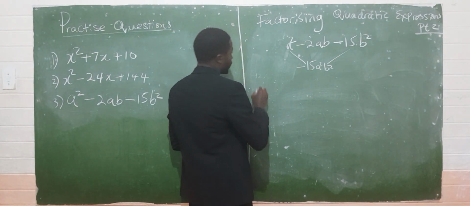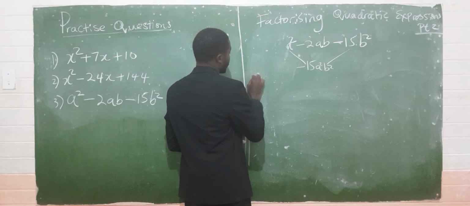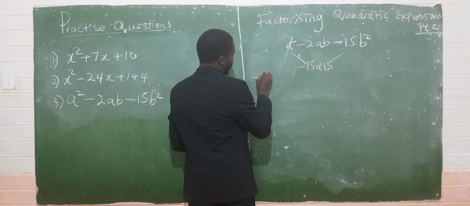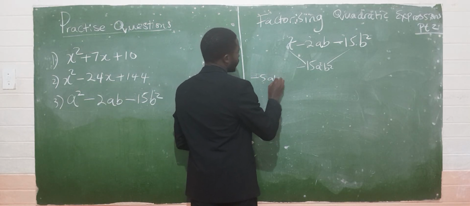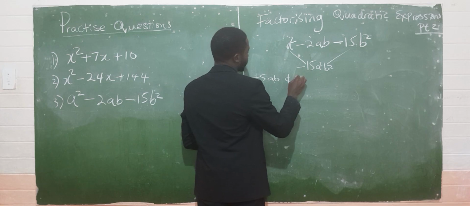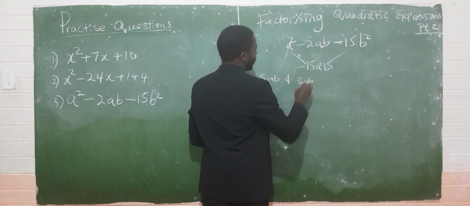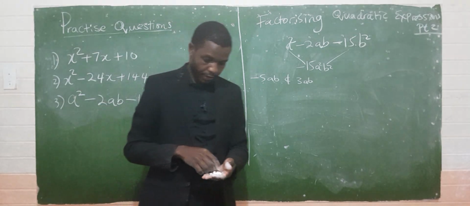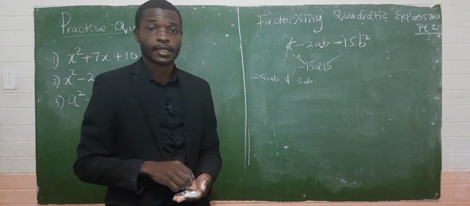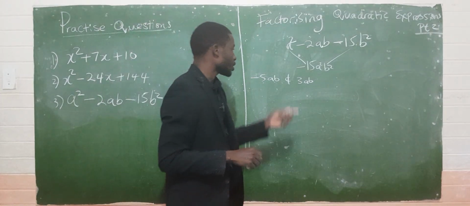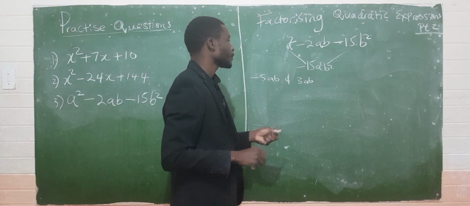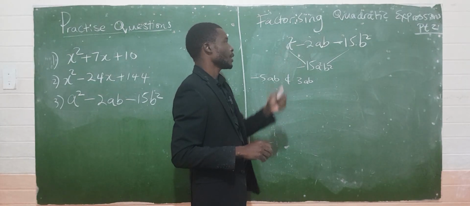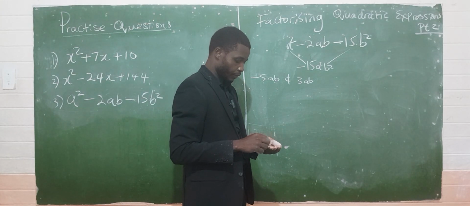But from the look of things, it turns out that it has to be negative 5ab and positive 3ab. So a technique, let's say you are still struggling to get these factors, especially if it is a negative here and here it's also a negative.